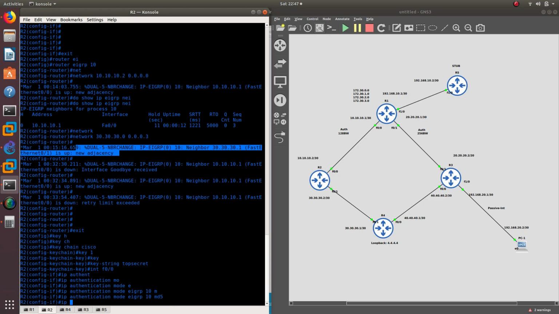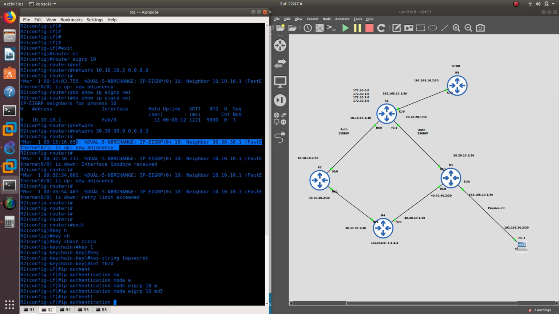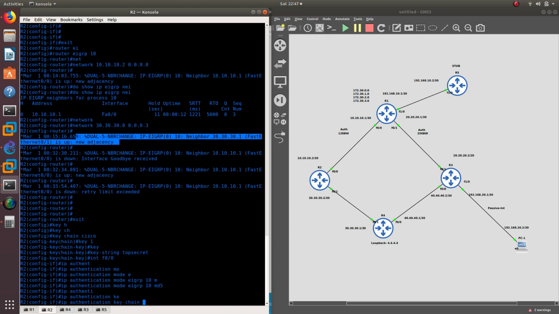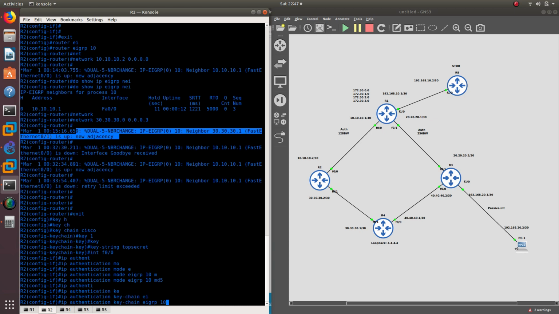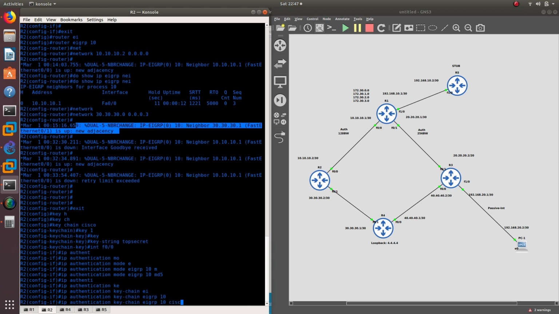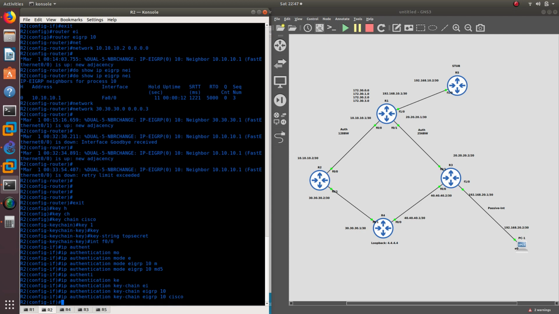The next command is IP authentication key-chain EIGRP 10, and then we call it Cisco, right? And Cisco needs to match this one over here. There we go. And now we should have that.